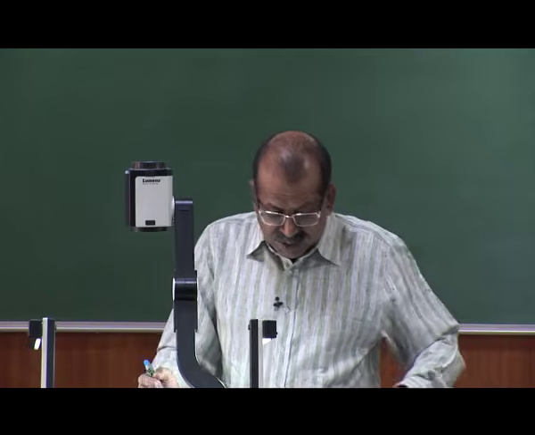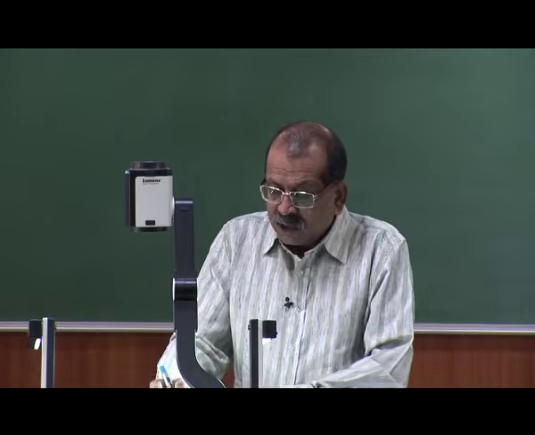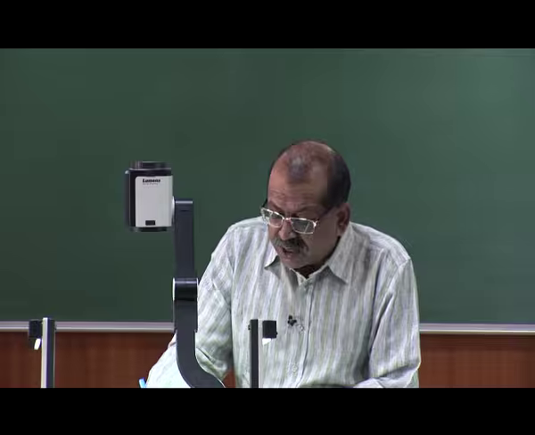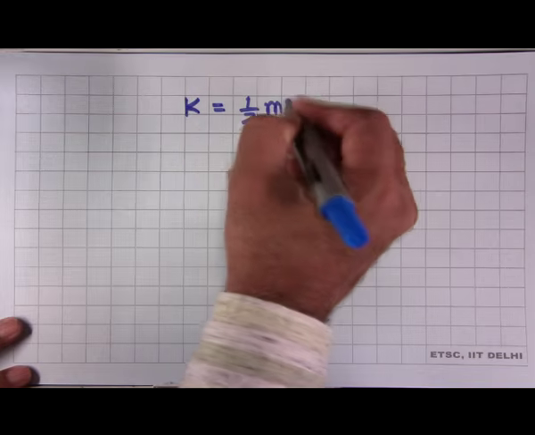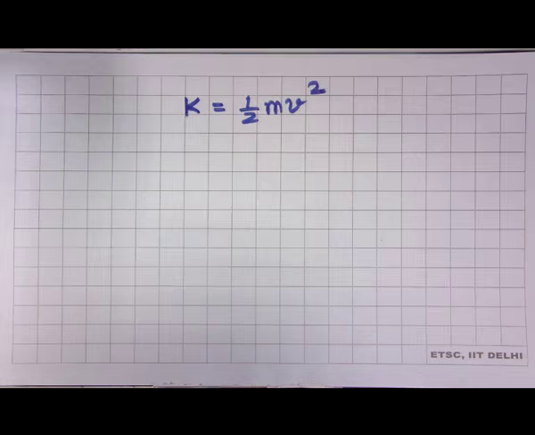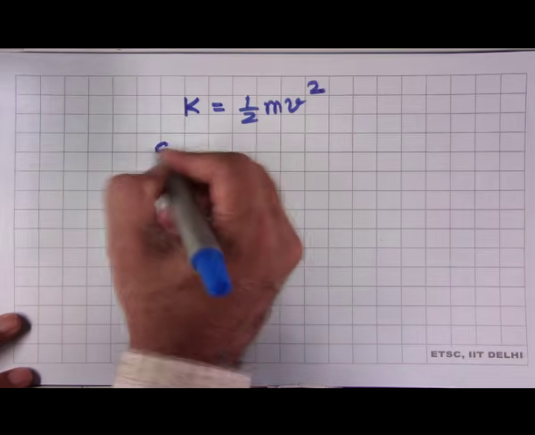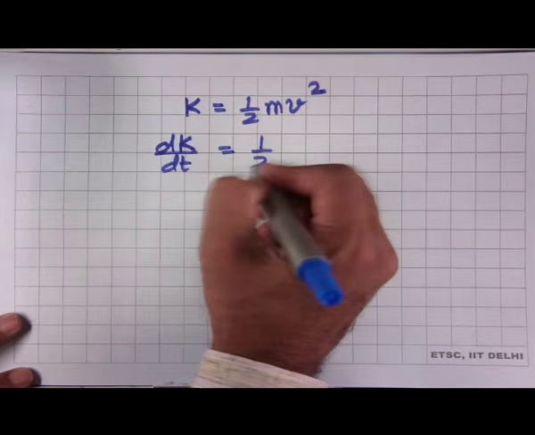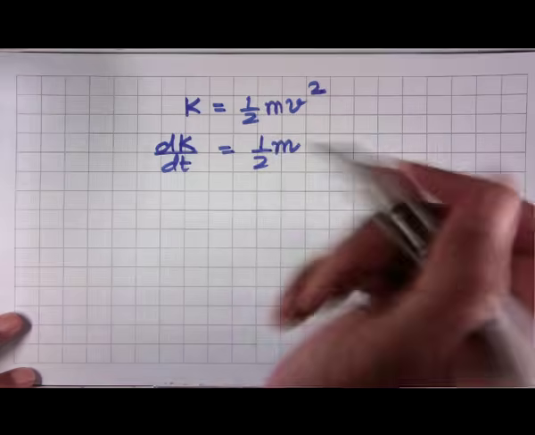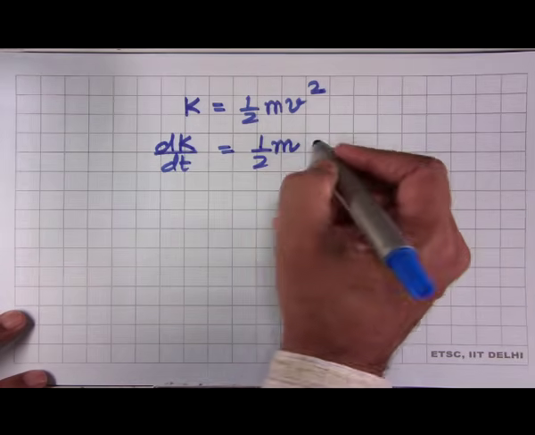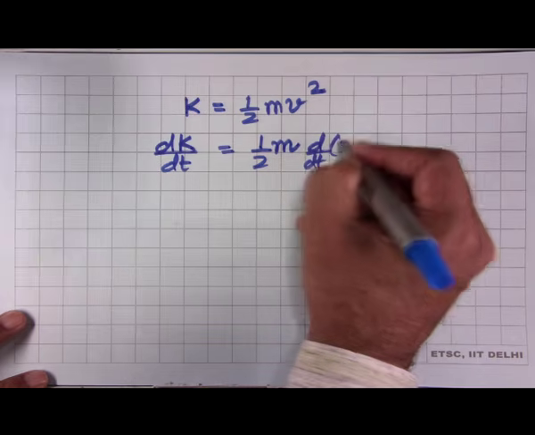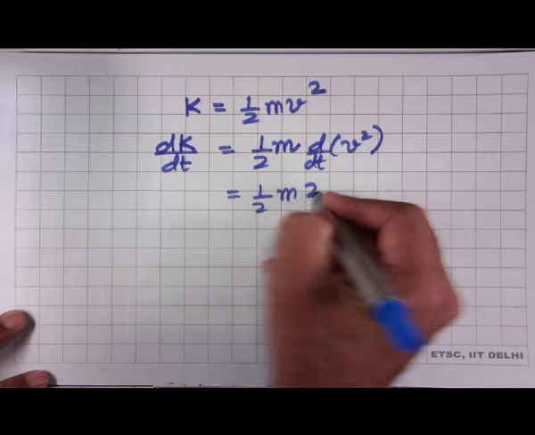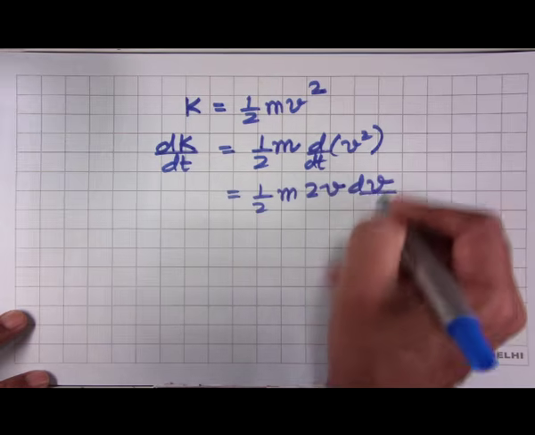And we can very easily show this by two methods. Let us start with the definition of kinetic energy. Kinetic energy is equal to half m v square. We differentiate this expression with respect to time. So, we get dK by dt is equal to half m, mass being constant, times the derivative of v square. So, this will be equal to half m 2 v dv by dt.